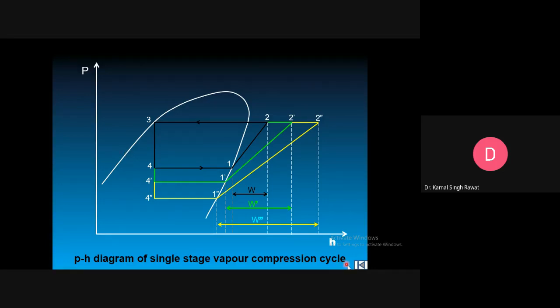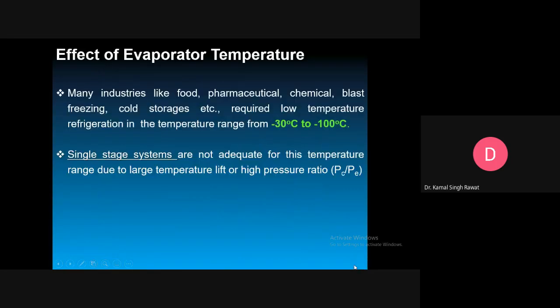So the running cost is very high. Okay, so when we require the refrigeration in range of minus 30 degrees centigrade to minus 100 degrees centigrade, or in a very low temperature range, this single system is not adequate.